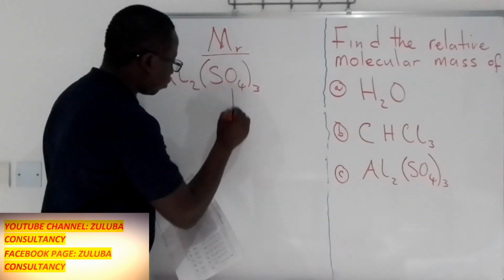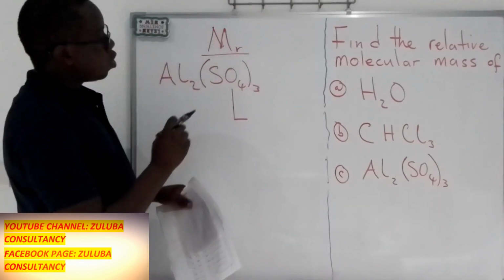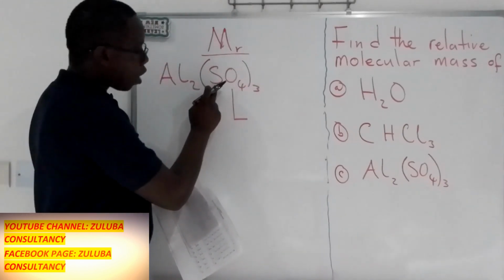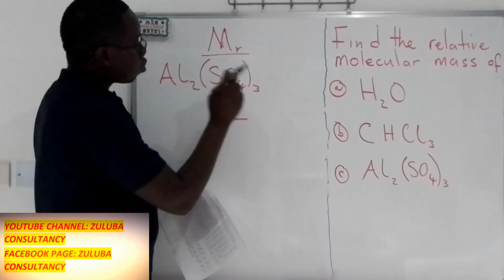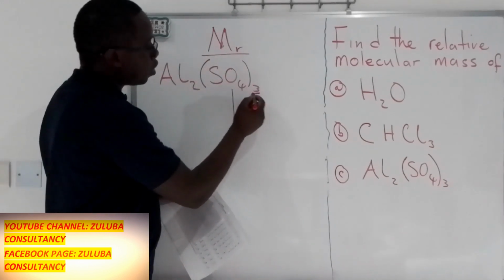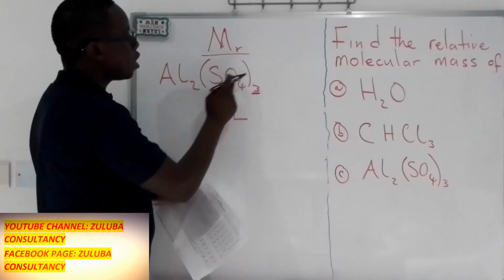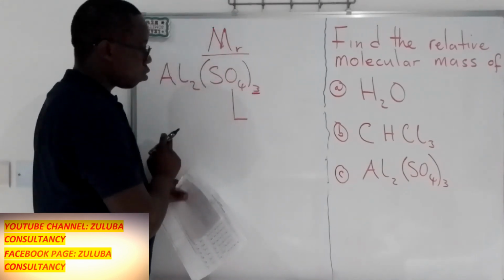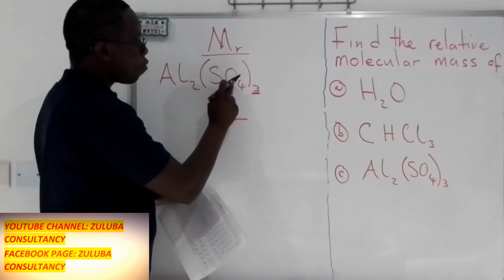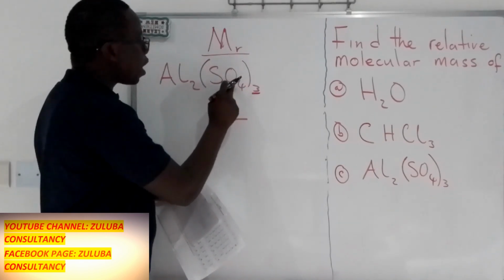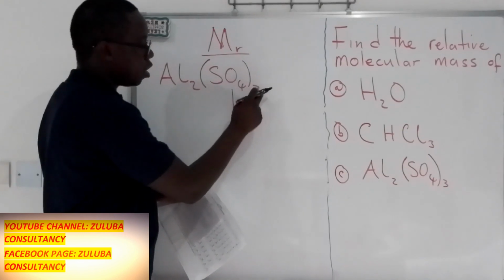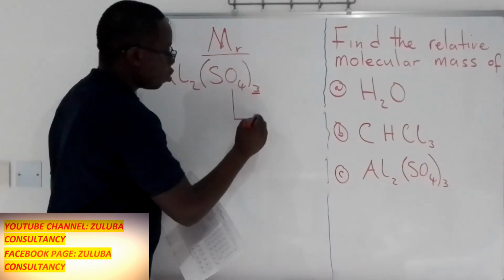Let's start with oxygen. You'll notice that sulfur and oxygen are in the brackets. So this simply means this 3 is affecting the atoms inside. So already we have 4 atoms of oxygen. So we'll multiply 4 and 3, which will give us 12.